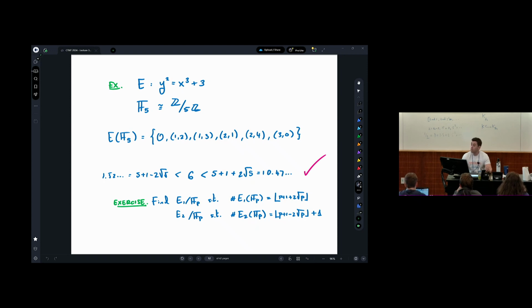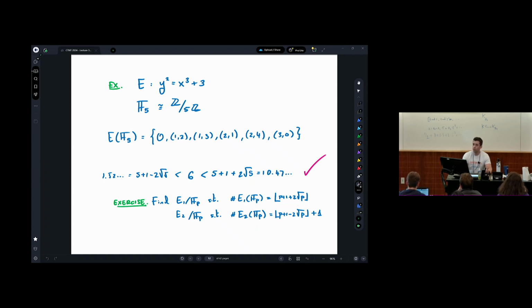But that bound of Hasse is actually the best bound possible, because I challenge you as an exercise: find an elliptic curve and a finite field such that the curve has the maximum allowable number of points over that finite field, and also an elliptic curve that has the least amount of points.